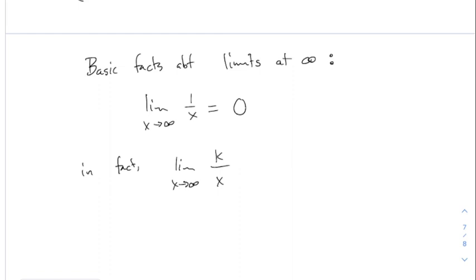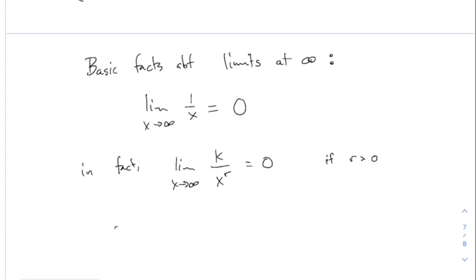And I'm also going to add, even if you put a little exponent in there, you're still going to get 0, as long as the r is greater than 0. If the r was a negative exponent there, then this would flip the fraction upside down again, and then the x would be on the top, and it wouldn't be 0 anymore. But as long as the r is not a negative exponent, any constant divided by some ordinary positive power of x, you're always going to get 0 when you do that limit.